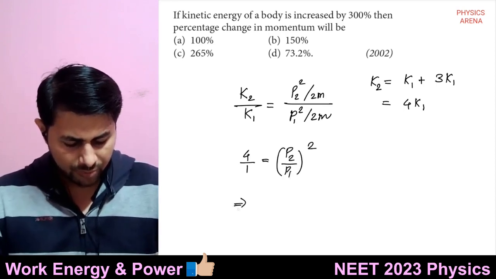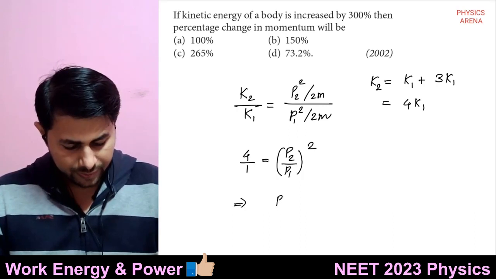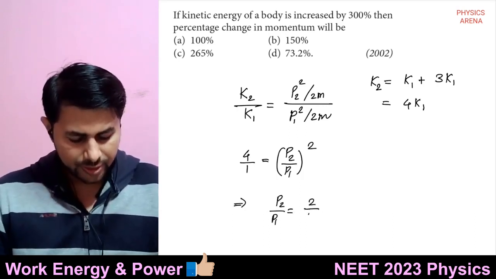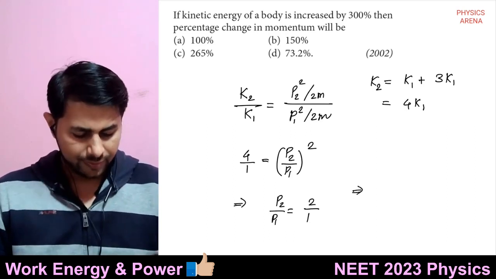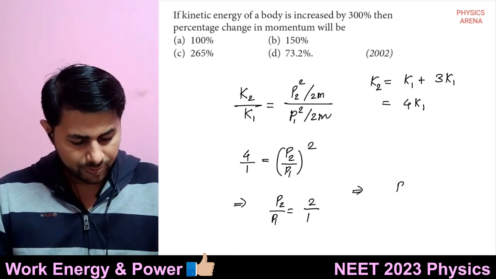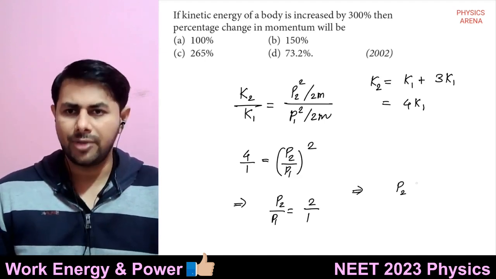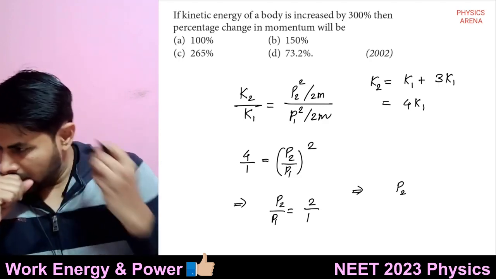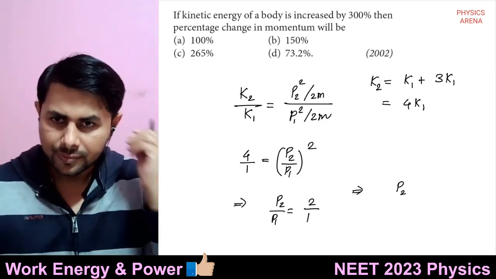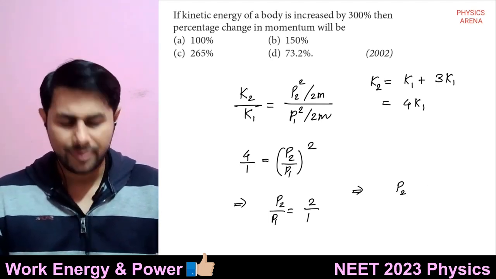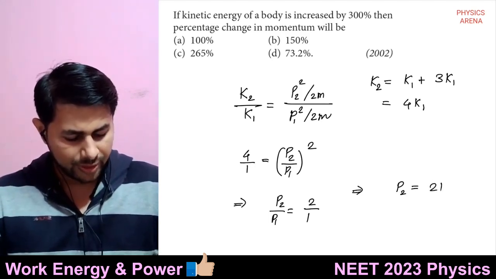And therefore, how much will be P2 upon P1? Take the square root. It is 2 upon 1. So if P1 is 100%, how much would be P2? P2 is 200% of P1, or P2 equals 2 times P1.